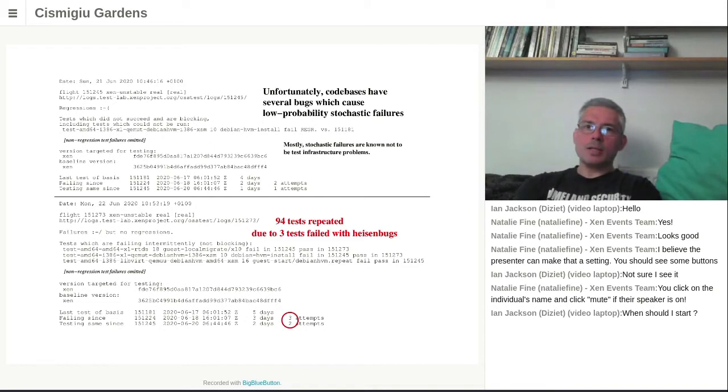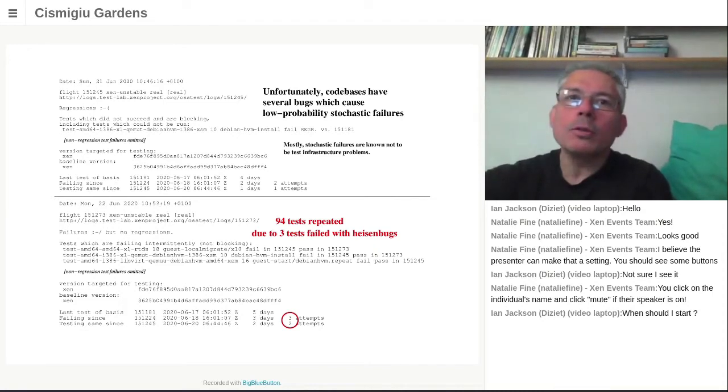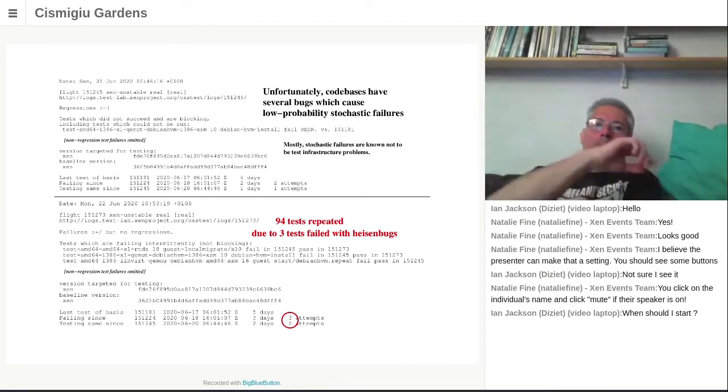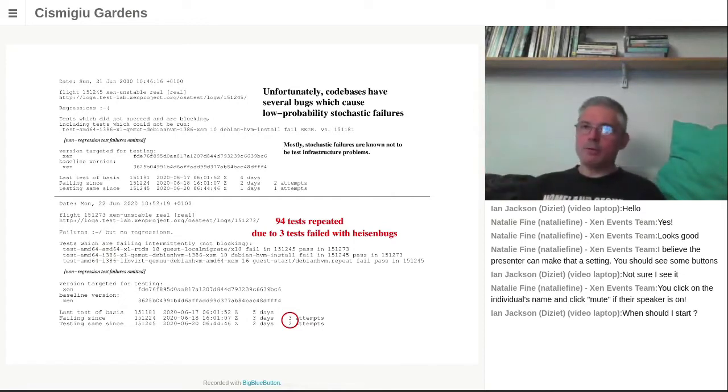Many of the code bases we're using have bugs which are probabilistic, so they don't turn up every time, and we don't get a test push if there are any regressions.